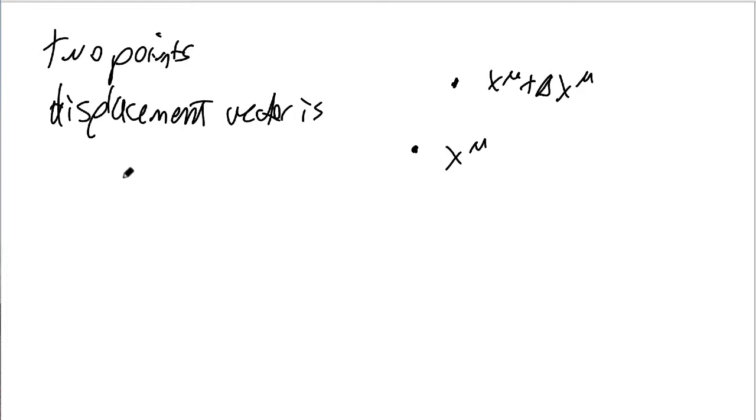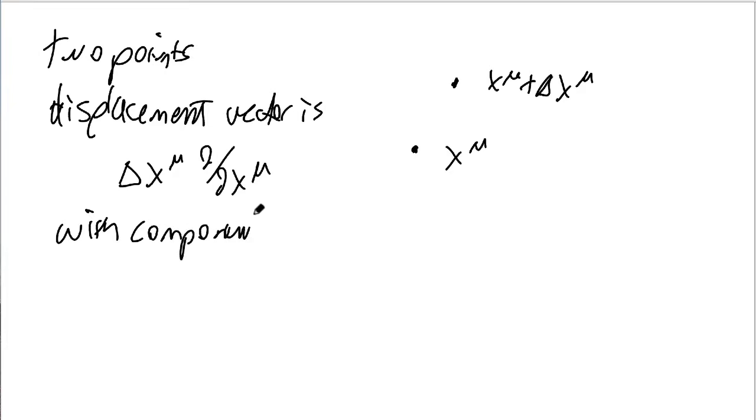It's just the vector with components equal to delta x^mu. So the vector is delta x^mu d/dx^mu, with components delta x^mu. And that's the displacement vector.